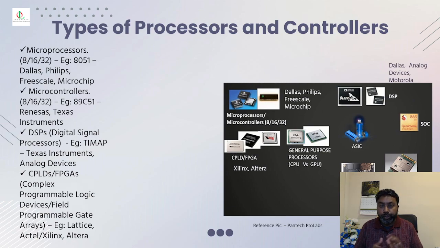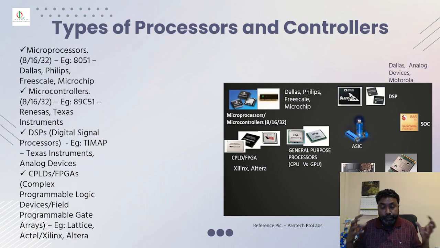It's obsolete for now. Most companies and most new designs are using FPGA, so you're going to learn about all of that shortly. An example for CPLD is Lattice. An example for field programmable gate array is Xilinx and Altera.